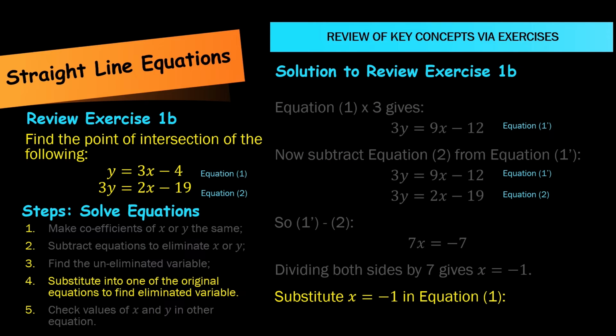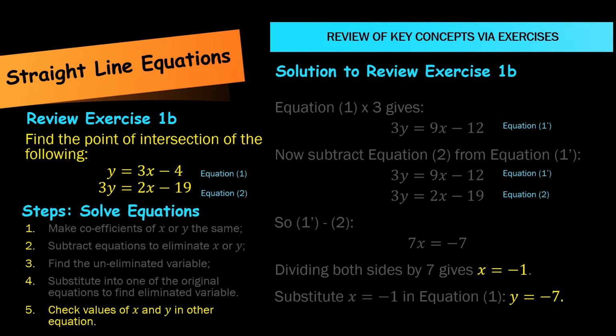And finally, substitute x equals minus 1 in the original equation 1 to find the eliminated variable. This gives y equals 3 times minus 1 from x equals minus 1 minus 4 to give y equals minus 7. And finally, check the values of x and y in the other equation.